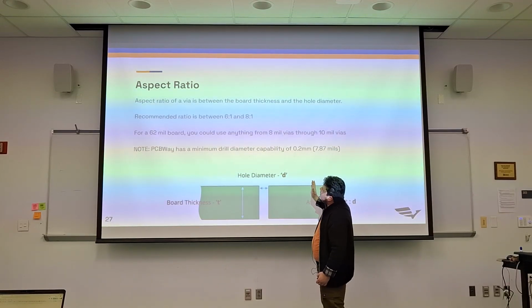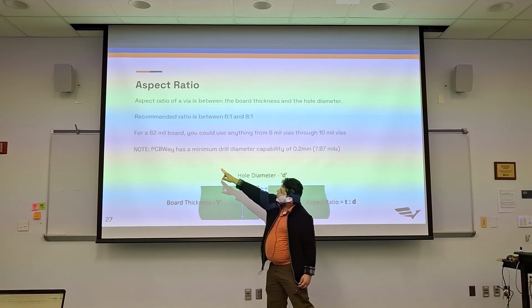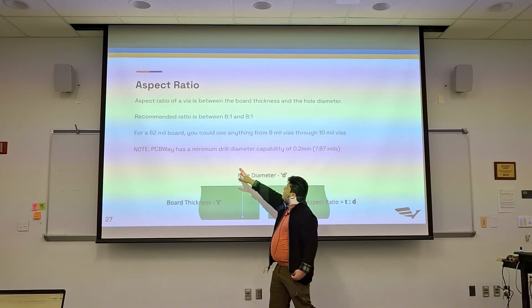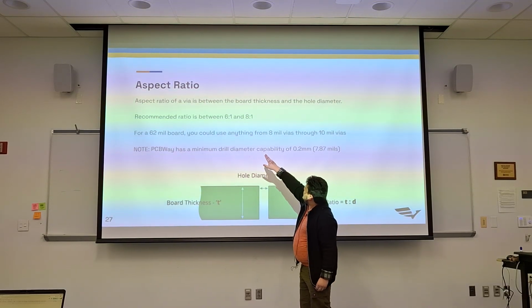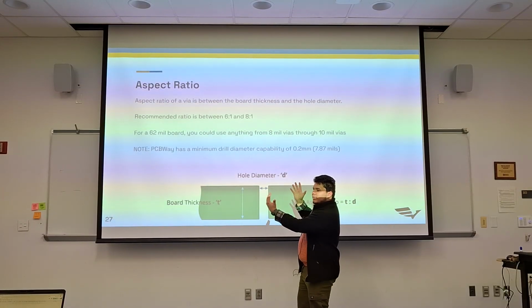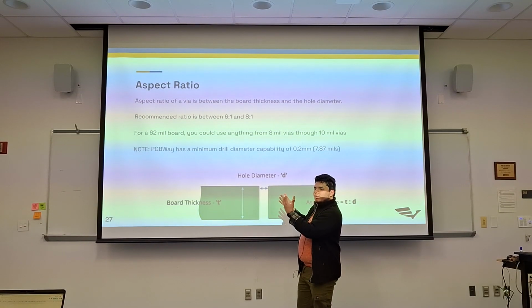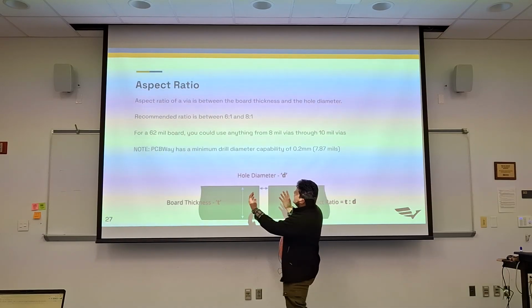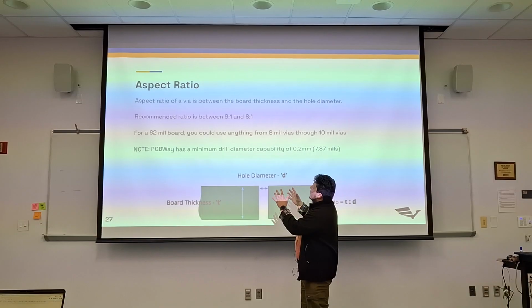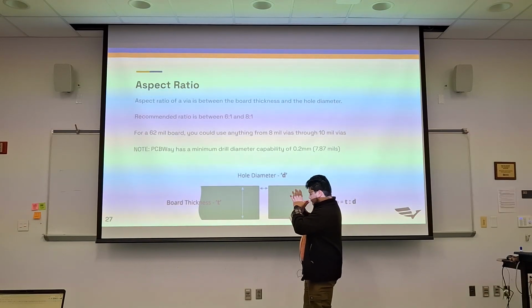And so what does this mean? For a 62 mil board, which is what we're running with the whole time, to get a 6:1, you need a 10 mil via. 60 to 10, 6:1, right? So for a 62 mil board, ideally for reliability, you want to be using 10 mil vias.